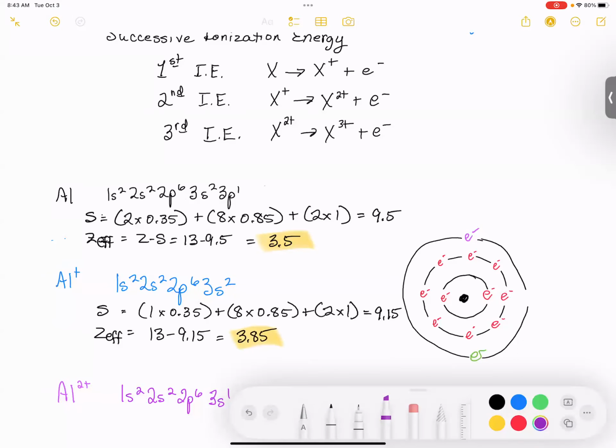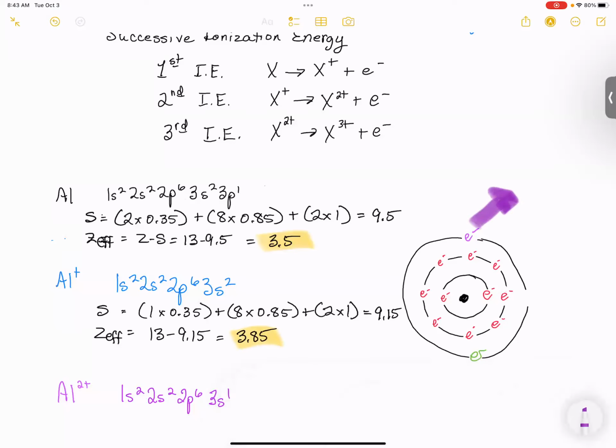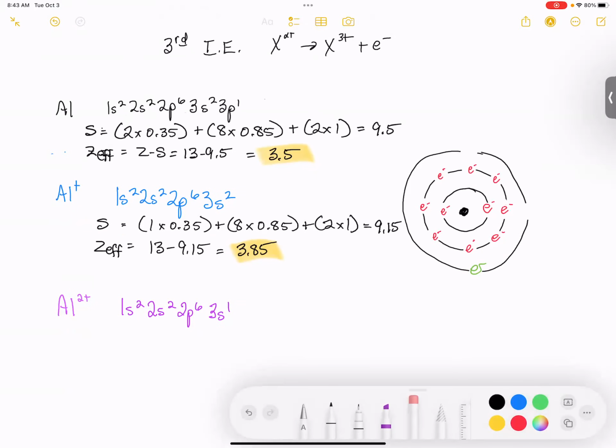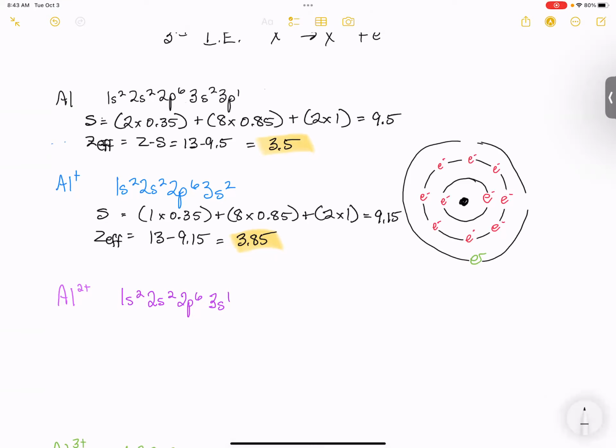We can come in and pop off the second electron, so that one is now gone. Now, what we're looking at is we have S of 1 times 0. Sorry, 0 times 0.35. We don't have that anymore.